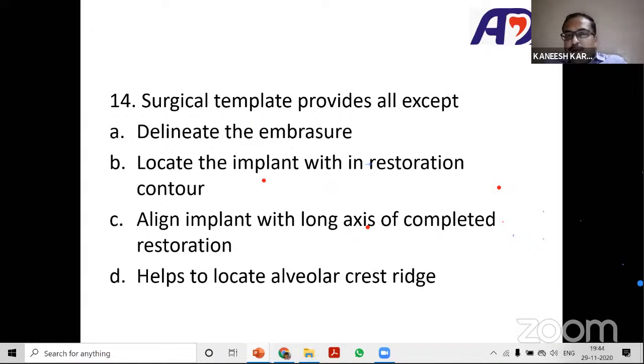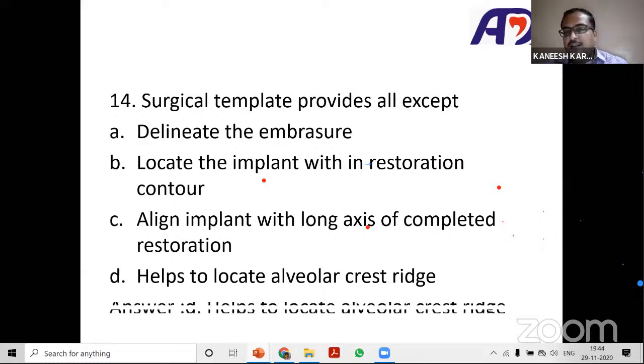Surgical template provides all except, again this is for implants. I can see multiple responses.